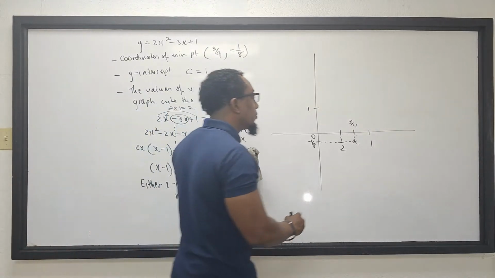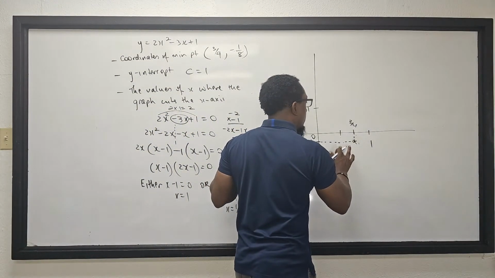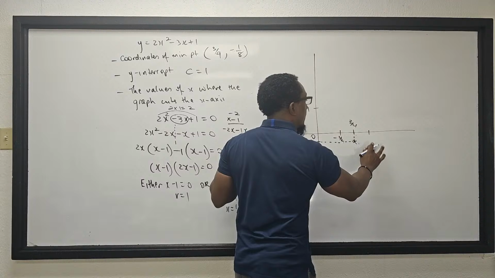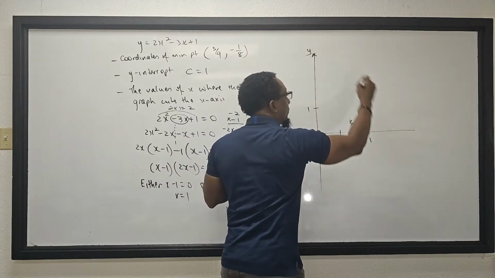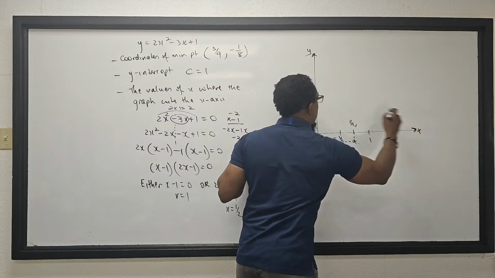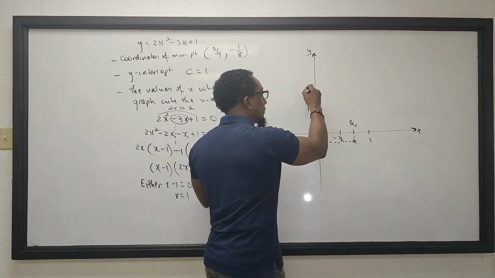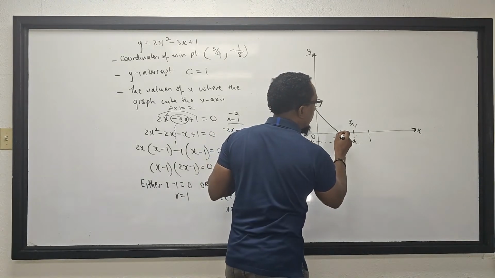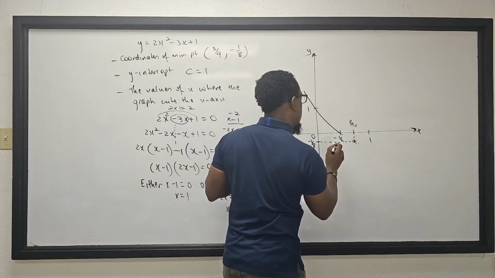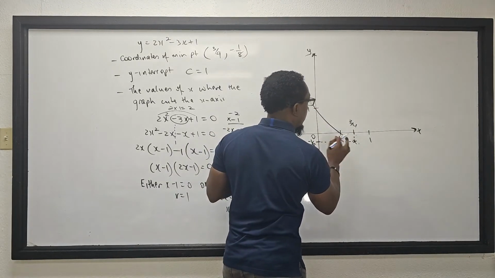So we have our roots, which are negative a half and 1, and we have the y-intercept. So this is my curve. Passes through a half, negative a half, passes through a half, sorry.